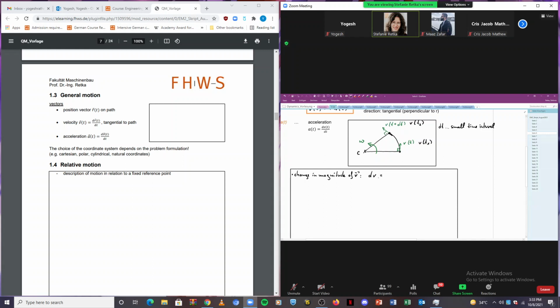The change of magnitude is always measured tangential on the path, since our velocity vector is tangential on the path. So the change in magnitude, if you remember Engineering Mechanics 1, simply refers to a change in the length of the vector. Okay? So the change in tangential direction.